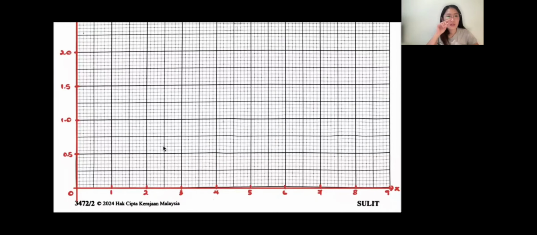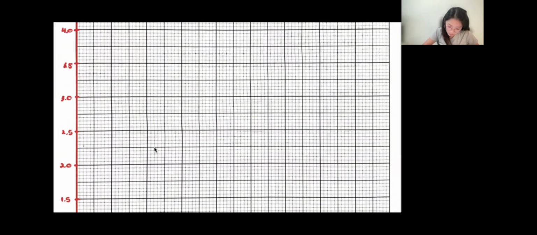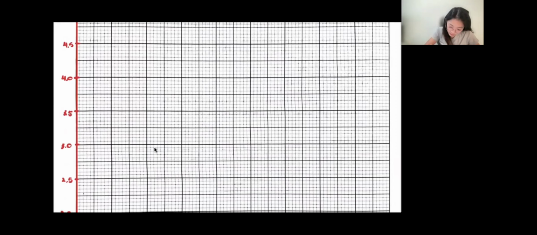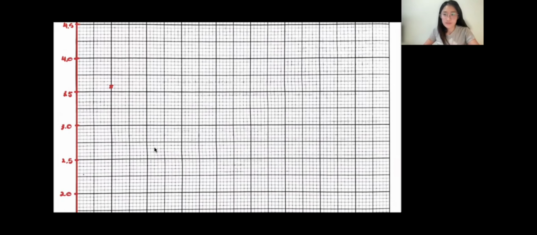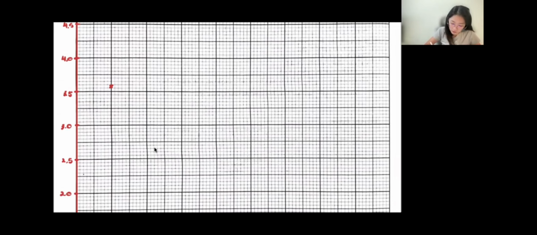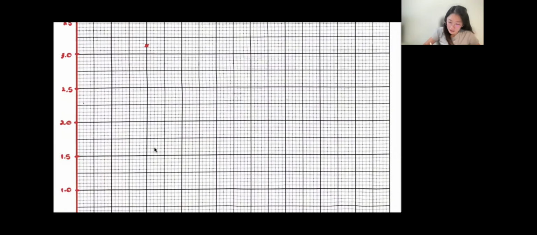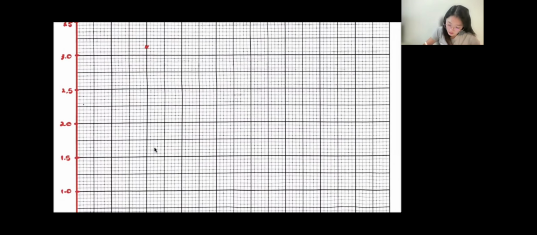Okay, so 1, 3.57. If you go up to here, it's 6 already. So 7 maybe in the middle. Next one, 2, 3.13. Maybe go a little bit to the top. And then 3, 2.56.